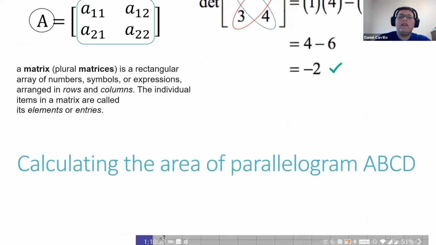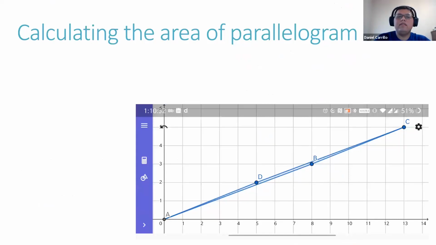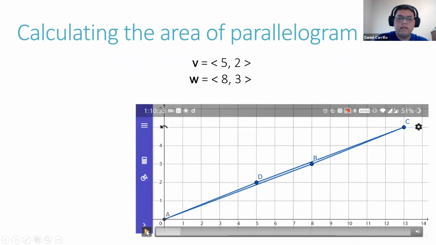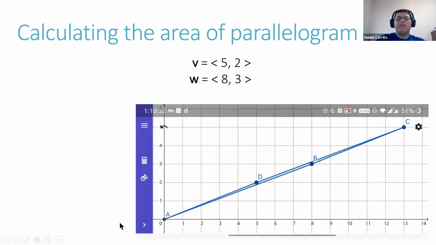Okay, so now that we gathered all this information, we're now able to calculate the area of the parallelogram ABCD. So as you can see in the top, I went and restated the vectors V and W, which can be seen on the bottom.